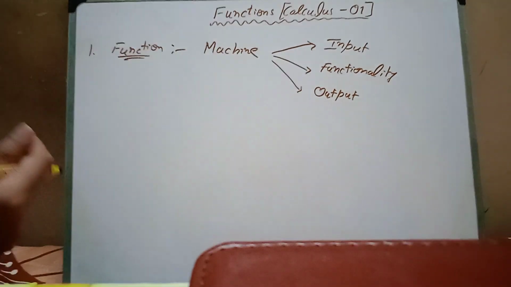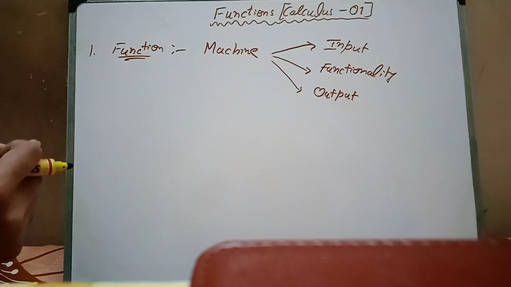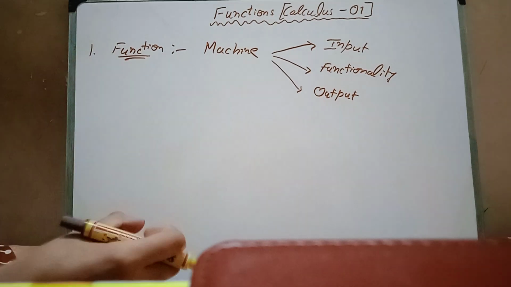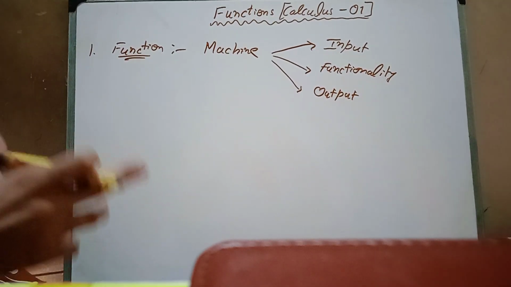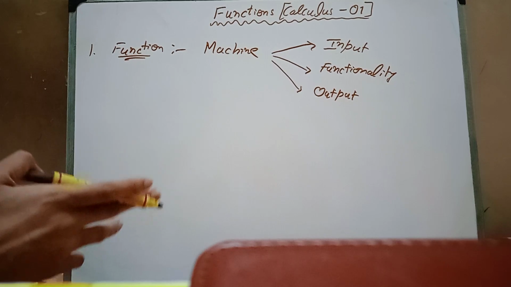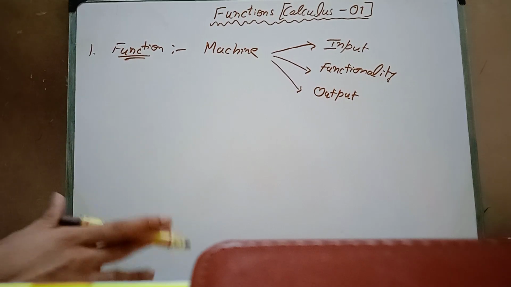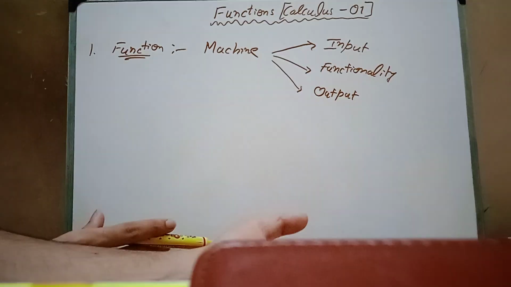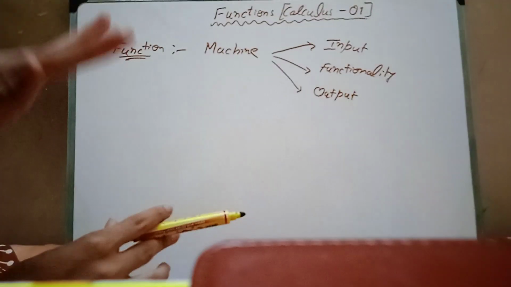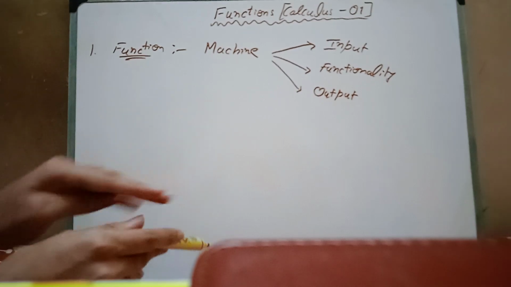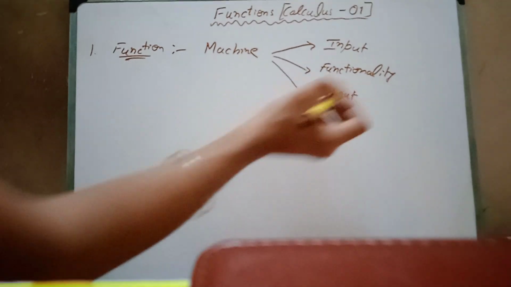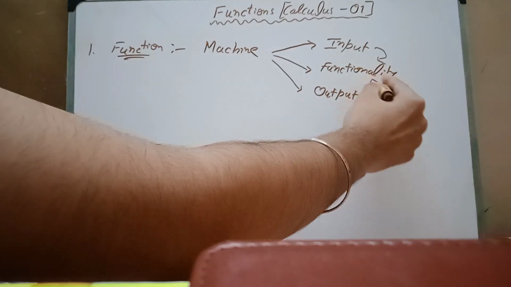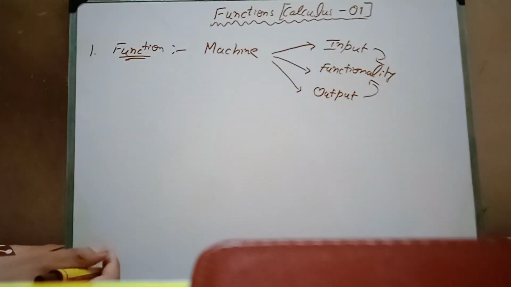A function is like a machine, and a machine has three things: input, functionality, and output. You can't put anything as an input or get anything as an output. The input and output are pre-decided based upon the functionality of the machine you are using.